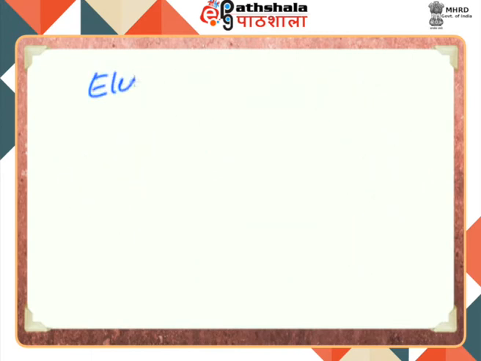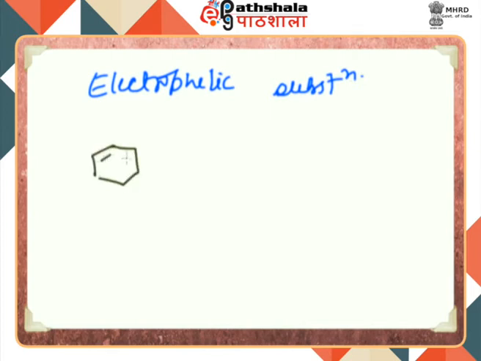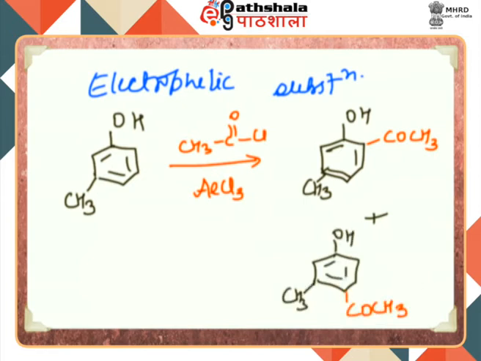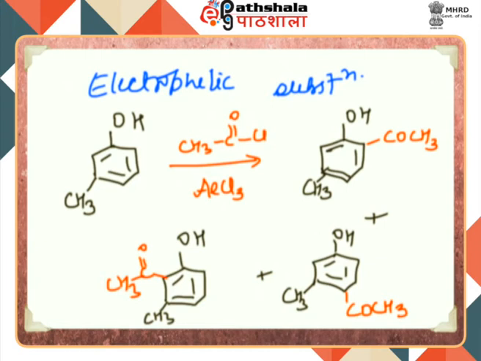Taking the case of electrophilic substitution, if we have this substituted phenol, that is, this is the metacresol, and when this is reacted with CH3COCl in the presence of AlCl3, the products obtained are these, and you can clearly see in these products that this COCH3 as electrophile attacks at ortho or para position, and subsequently you are getting the products where the COCH3 has come at these ortho and para positions.